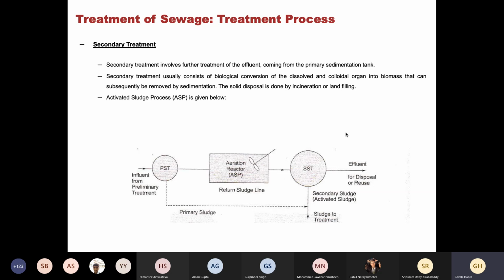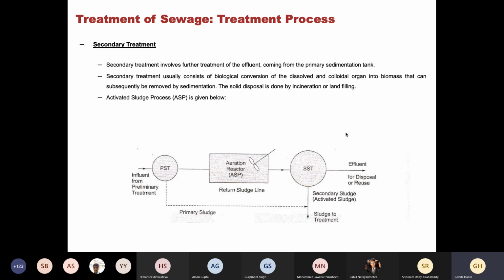It's a completely aeration process, or aerobic process, in which the sewage from the primary settling tank or primary sedimentation tank is taken to the aeration tank, where air is supplied, and bacteria degrade the organic matter.